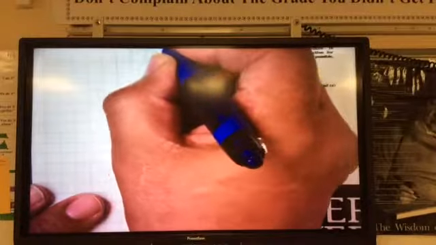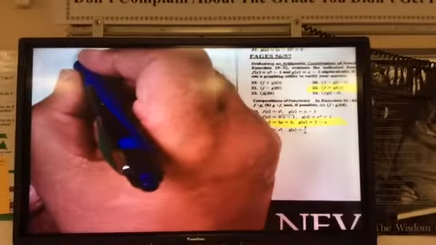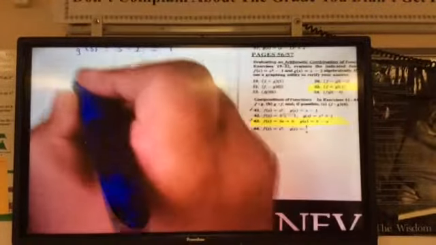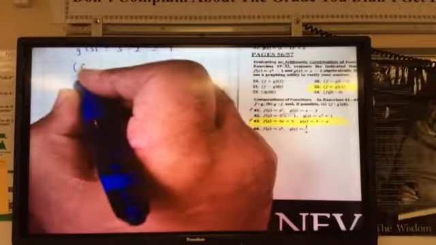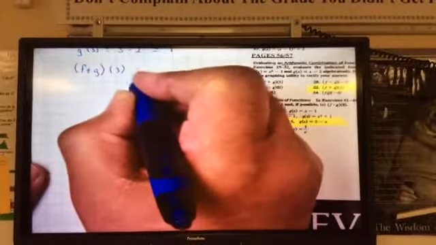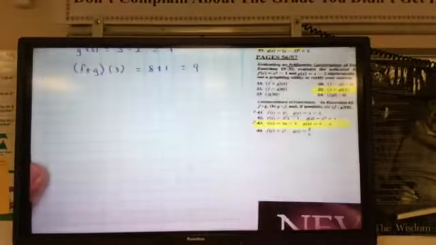So this becomes 9 minus 1, which is 8. G of 3 is x minus 2, so 3 minus 2 is 1. And now we're going to add those. F plus g of 3 equals 8 plus 1, which is 9.